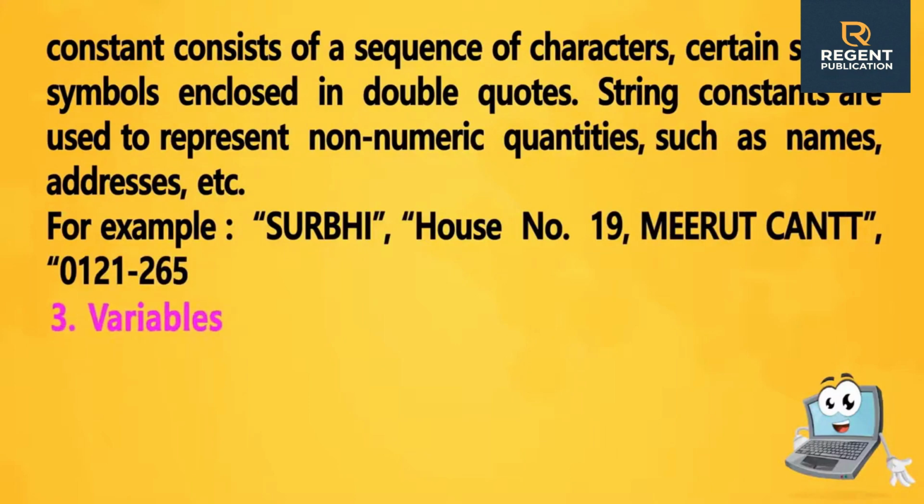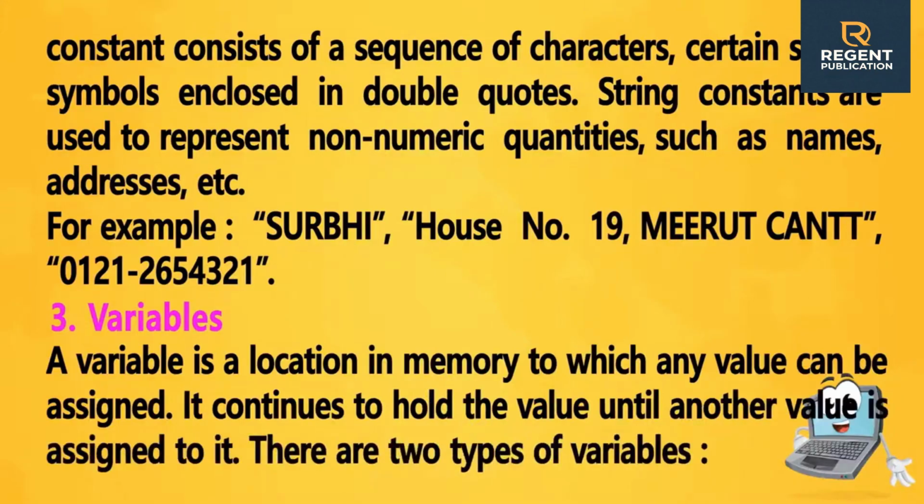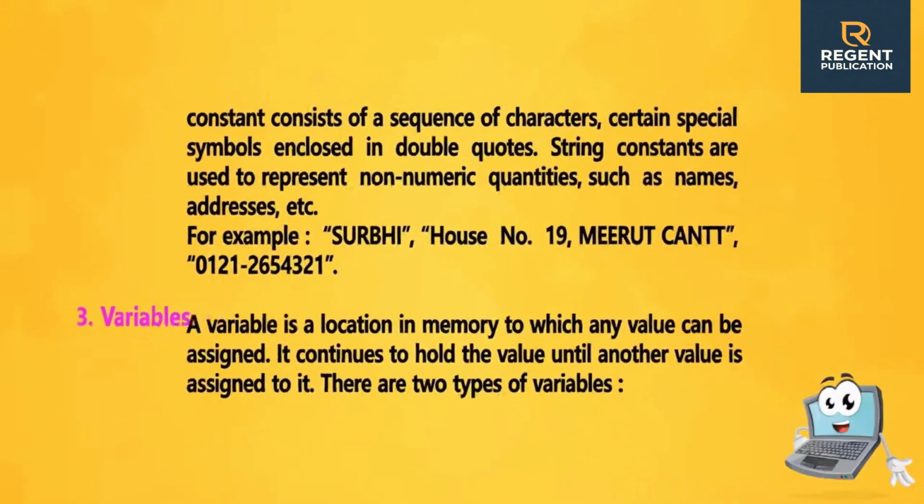Variables. A variable is a location in memory to which any value can be assigned. It continues to hold the value until another value is assigned to it. There are two types of variables. Numeric variable. A numeric variable can hold only numeric constant.